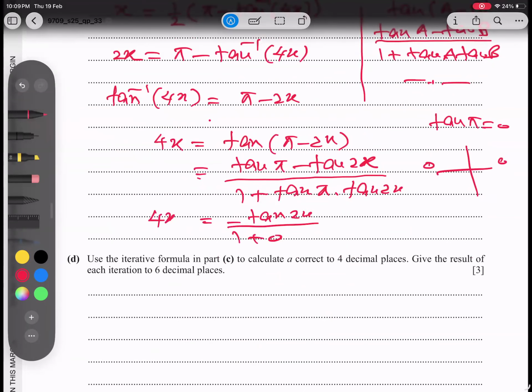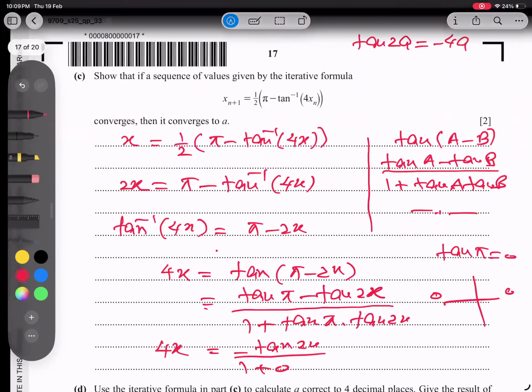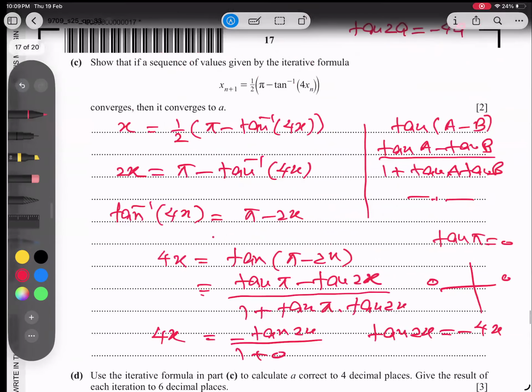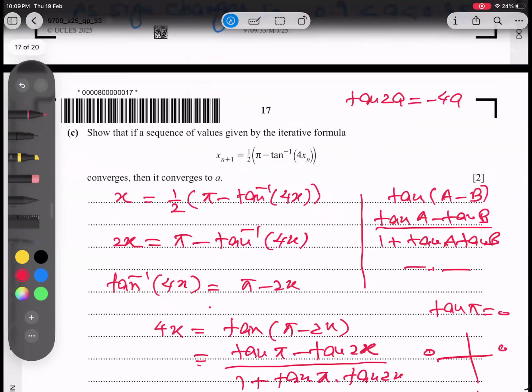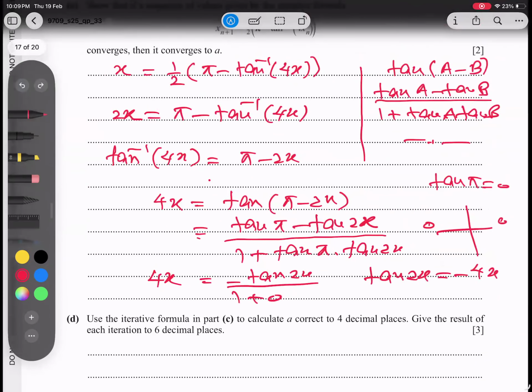And here I got 4x, and you can see that my target is going to be achieved, the negative. I shift to the other side and I get tan double x equal to negative 4x. And if we check it carefully, it is a match. Okay, it matches. So you can say, yes, it converges.